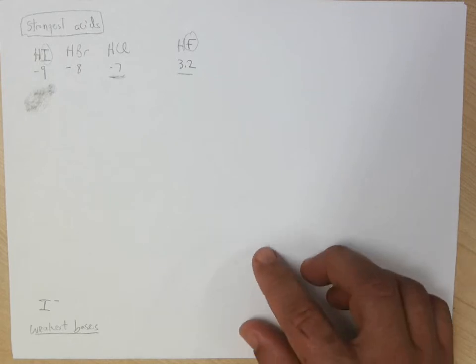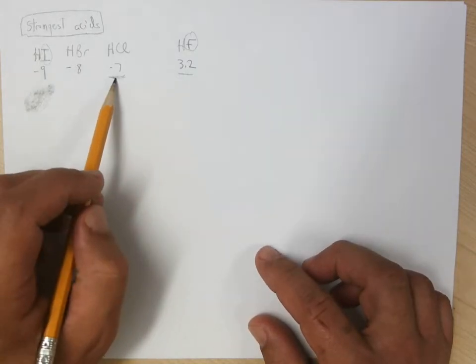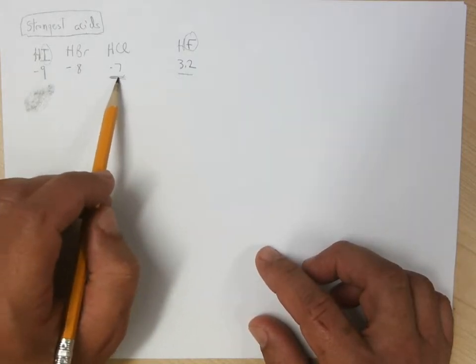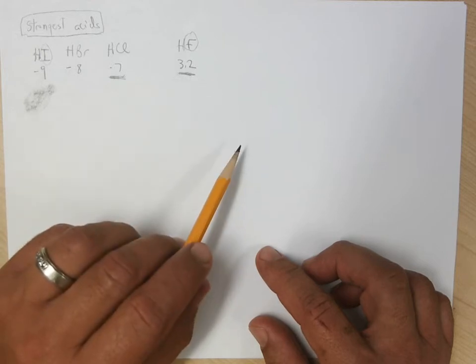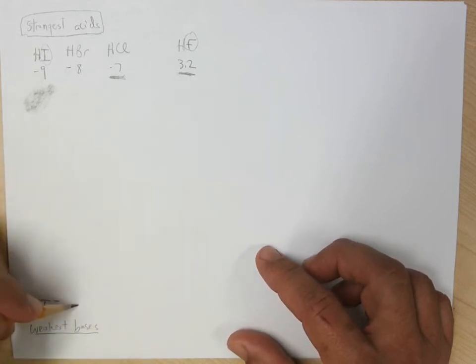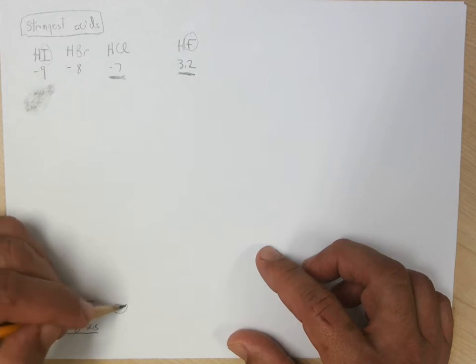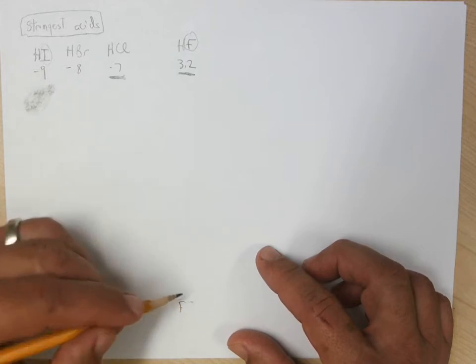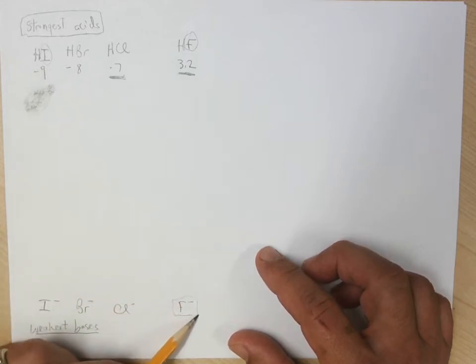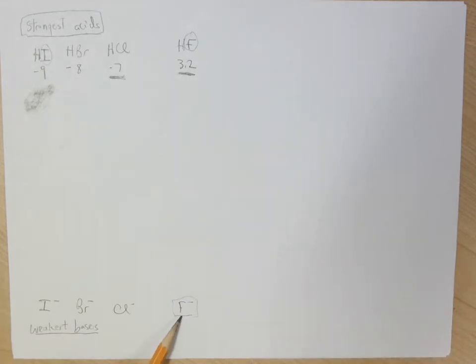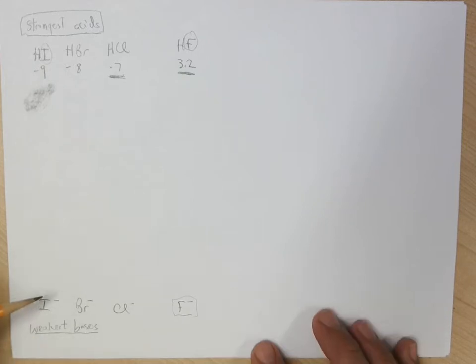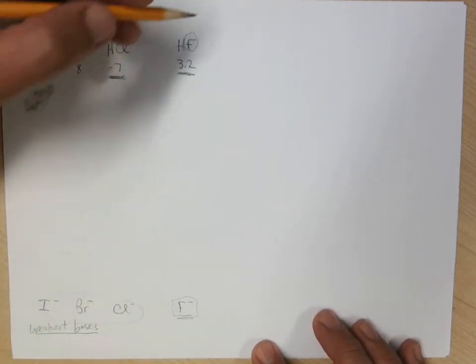So that's got a huge effect on the acidity of HF versus HCl, HCl being one of our strong acids, HF being one of our very weak acids. Likewise, we can put these conjugate bases in order, where fluoride tends to be a much stronger base than chloride, bromide, and iodide. I think of these three as a set, and the one in the second row being a little different.